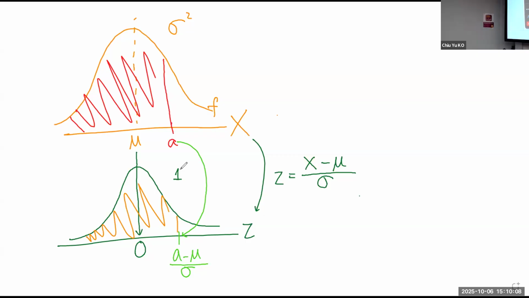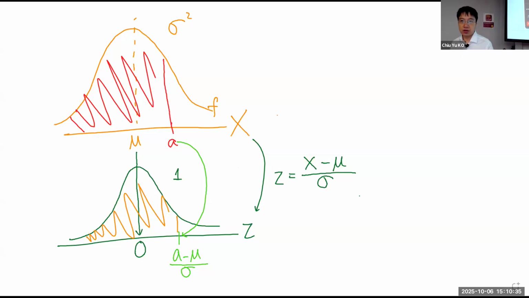This is called the standardized normal. So the normal, even more standard than normal, because there are many normals. We focus on a particular normal, which is mean 0, where we use this table.